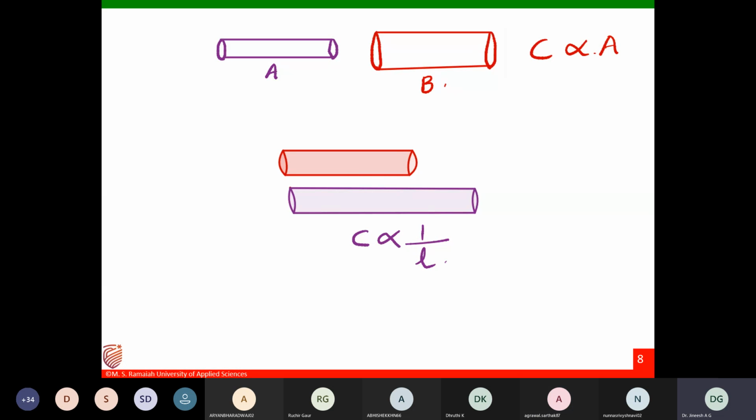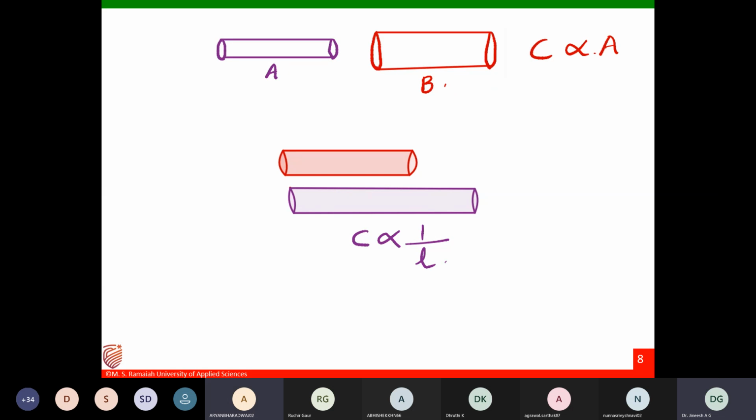Violet is a long pipe, right? So water takes more time to flow, so the output will be more for the pipe that has less length. So can I write now that conductance is inversely proportional to the length of the solution? Yes, sir.